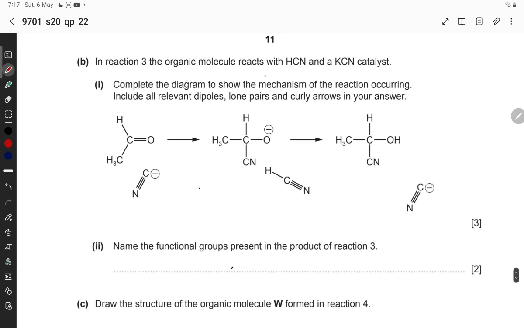In reaction 3, the organic molecule reacts with HCN and a KCN catalyst. Complete the diagram to show the mechanism of the reaction occurring, including all the relevant dipoles. Partial positive, partial negative, and negative.